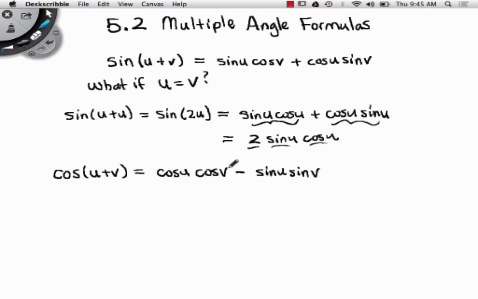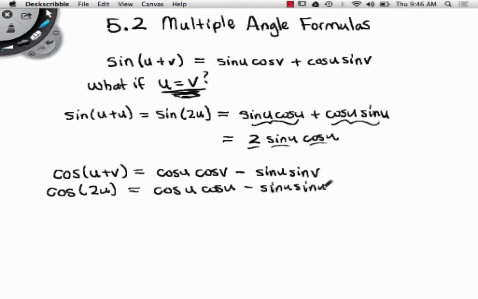But again, if u is equal to v, if they're the same, then this becomes the cosine of 2u, u plus u, and this becomes cosine u cosine u minus sine u sine u. So this is cosine squared u minus sine squared u. Does that make sense?